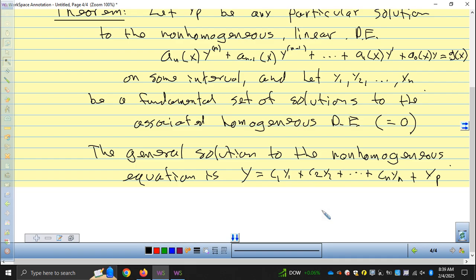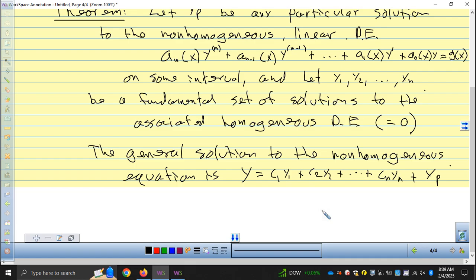And then we have the derivatives of y sub p, which gives us g of x. So we have 0 plus g of x. By the superposition principle, we can add this, because when we take all the derivatives, multiply by the constants, and add them all up, this portion gives us 0.